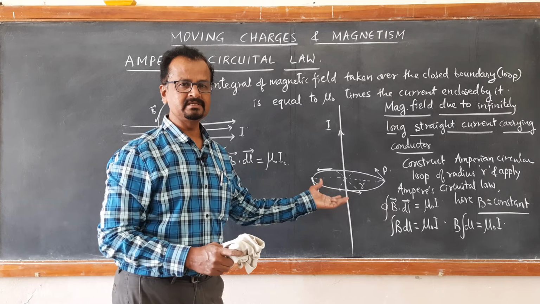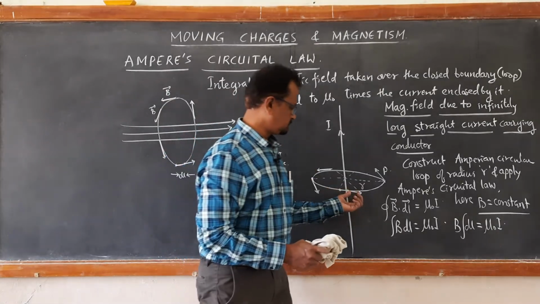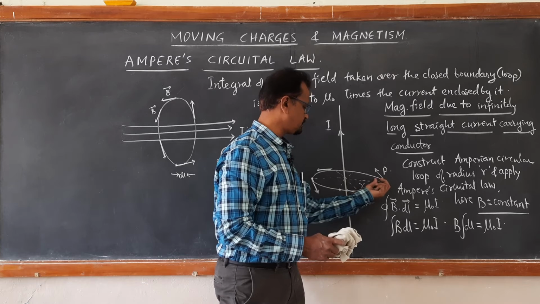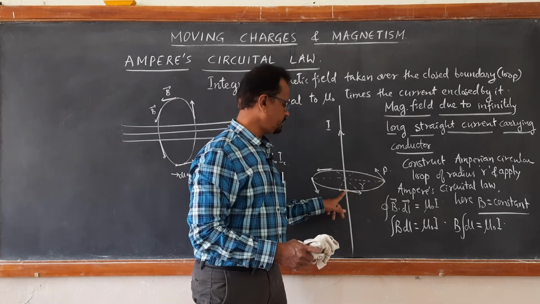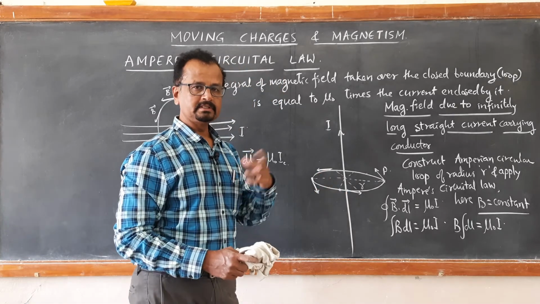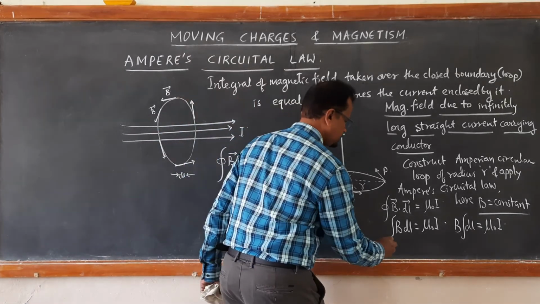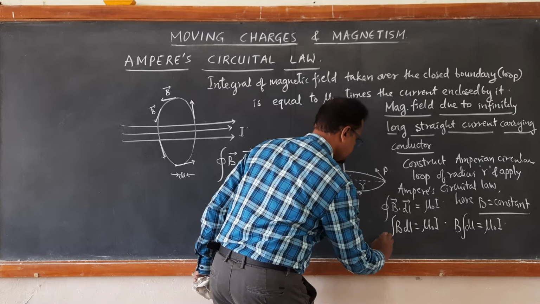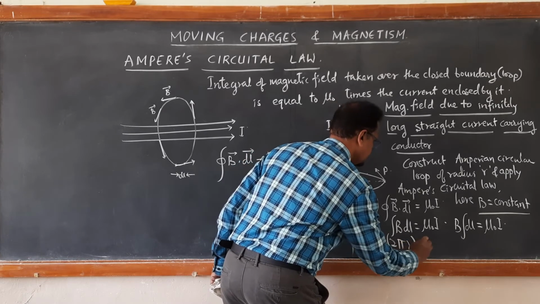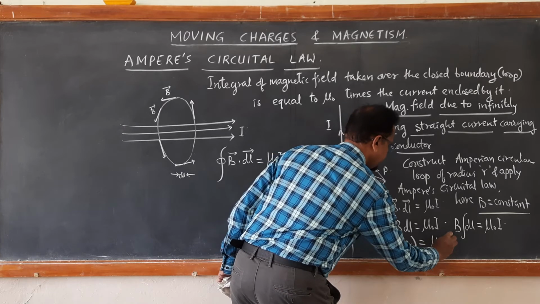The circumference is 2 pi r. Integral means summing up dl plus dl plus dl from one end, coming back to the same point. So B times the integral of dl gives B into 2 pi r equal to mu naught I.